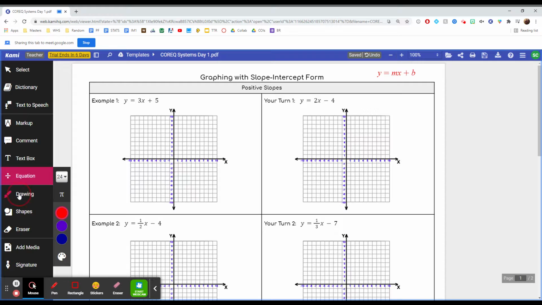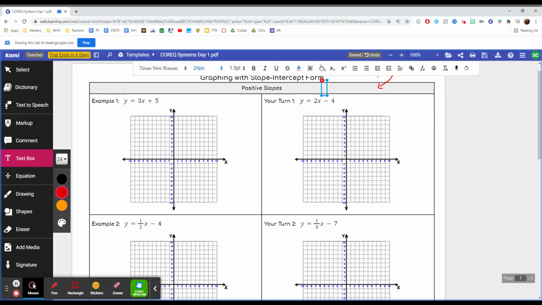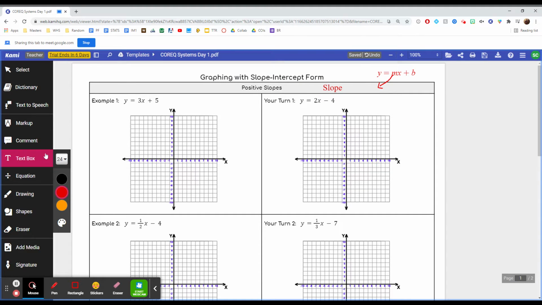Here, the m represents our slope, which we refer to as the change in y over the change in x, so delta y over delta x.